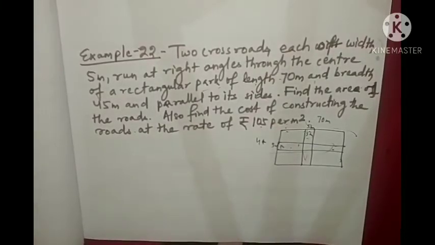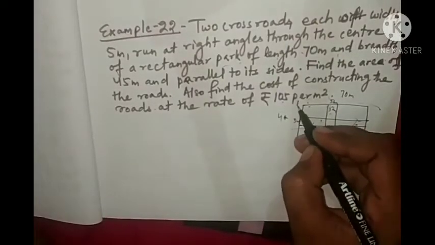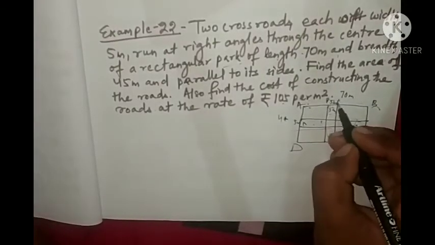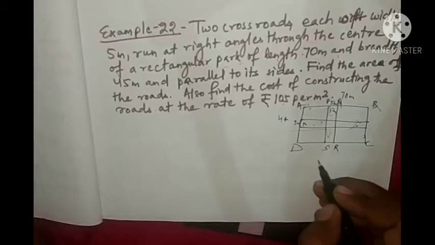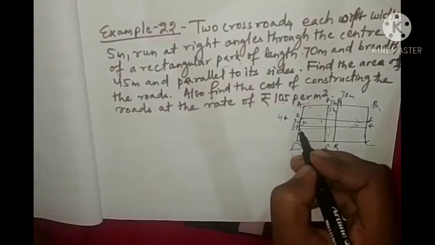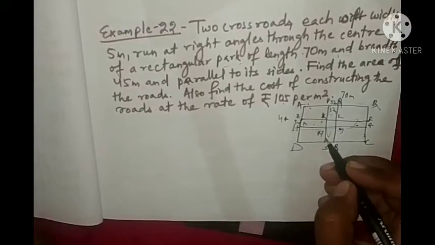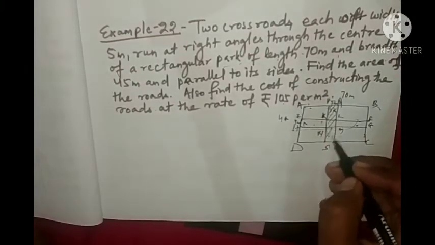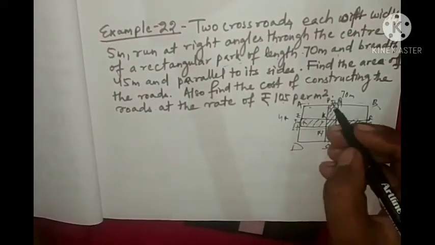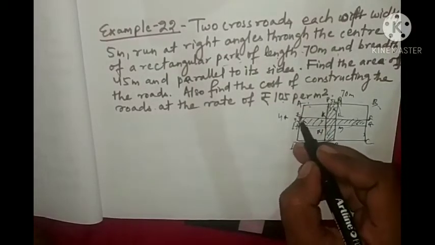So let's find out. Look here, we'll name it. The park is ABCD, and one crossroad is PQRS. Another crossroad is EFGH. In between is KLMN. So this is the crossroad. We want to find the area of the crossroad and the cost. We have to find the area of PQRS and the area of EFGH.